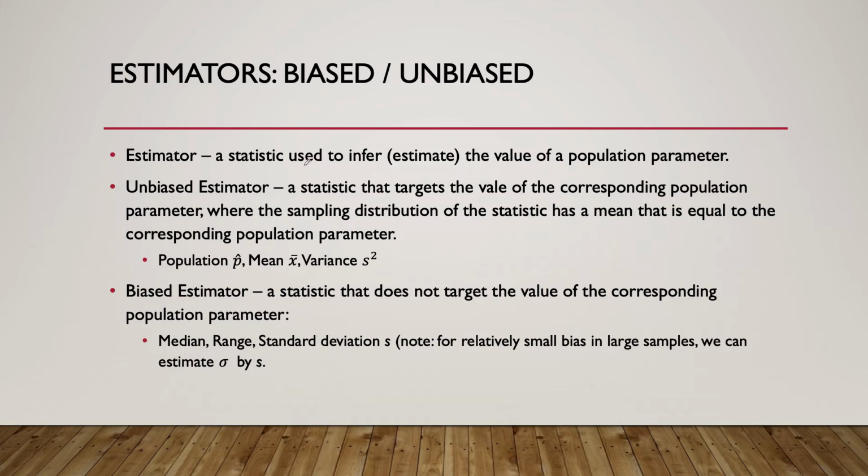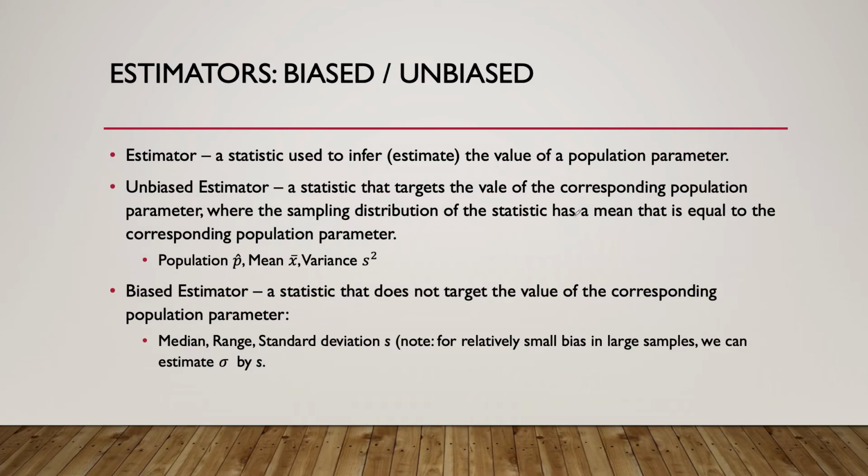And an estimator is a statistic that can be used to infer or estimate the value of a population parameter. An unbiased estimator is a statistic that targets the value of the corresponding population parameter, where the sampling distribution of the statistic has a mean that is equal to the corresponding population parameter. This happens with the sample proportion p hat, sample mean x bar, and the sample variance s squared.